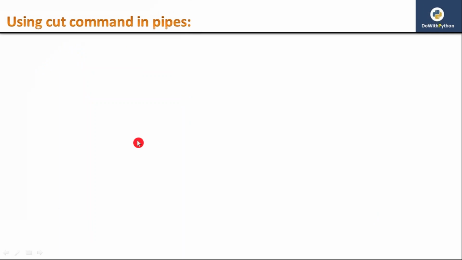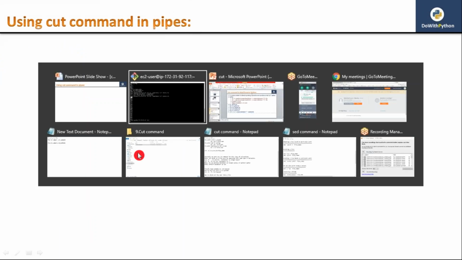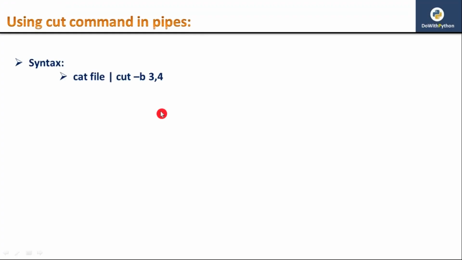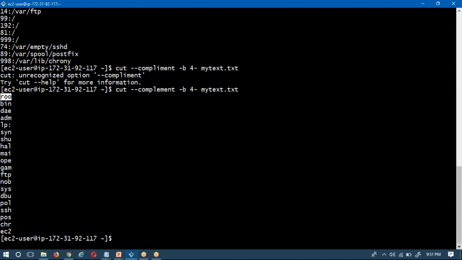Okay, in that case how can you use the cut command, observe here. Nothing special, just use the pipe symbol. So cat file pipe cut, your required thing based on your required option. Not only cat, you can use echo hi. This is your output, right?